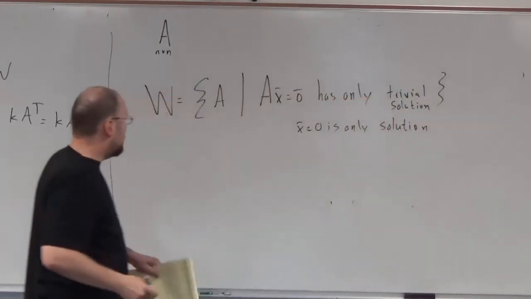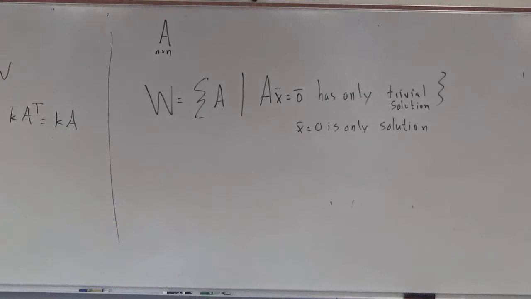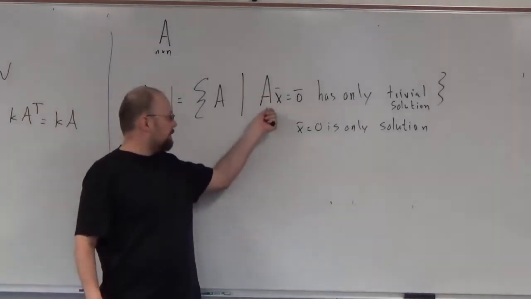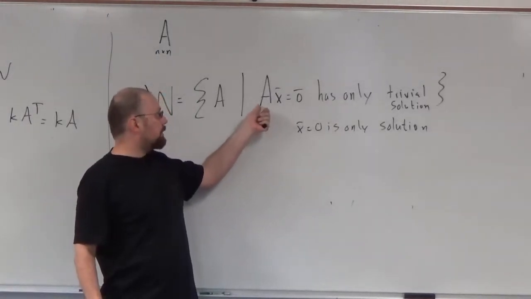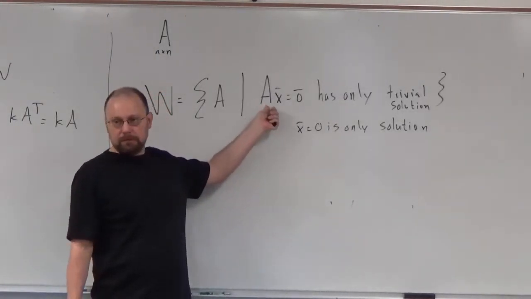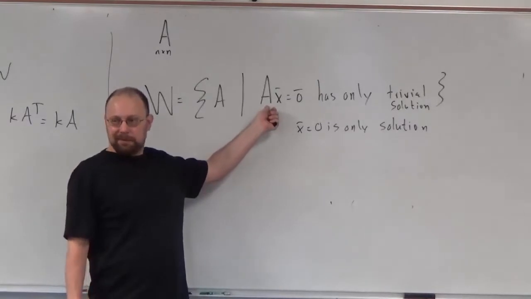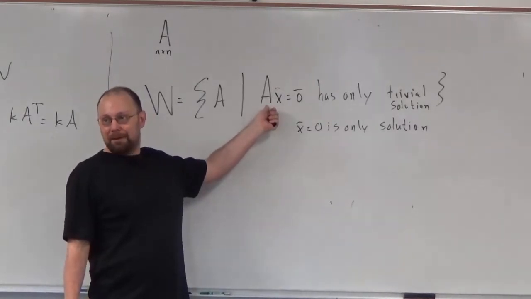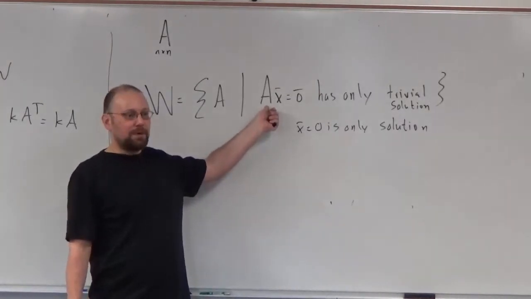Okay, so is this closed under addition or scaling? Well, neither one. If we have a square matrix where we only have a trivial solution to the homogeneous equation, what is true about this square matrix? It must have an inverse, right? It must be invertible.